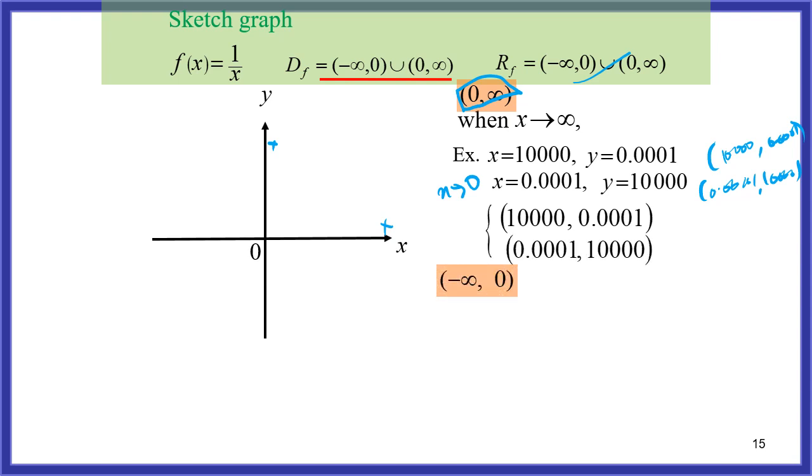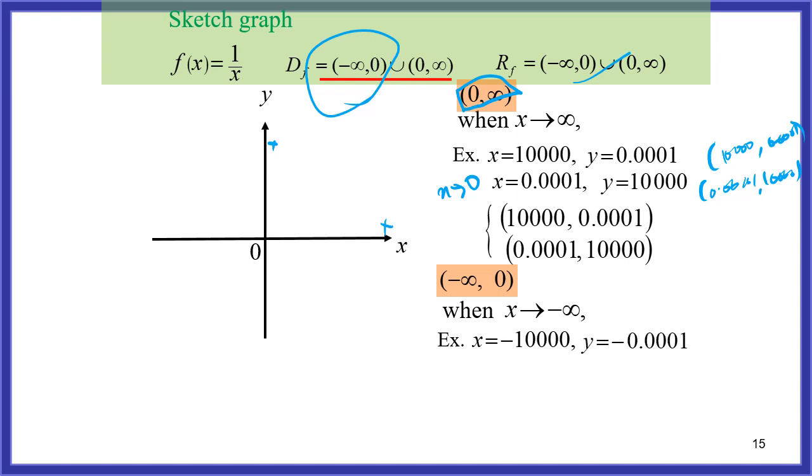So for the other side of domain, from -infinity to 0, when x is approaching -infinity, for example -10,000, y will be -0.0001. It's really small, nearing 0. And then when x is equal to -0.0001, y equal to -10,000, so it will be these 2 points.